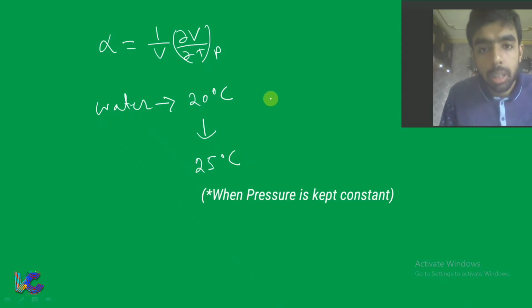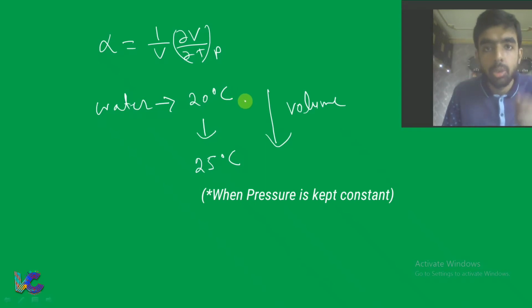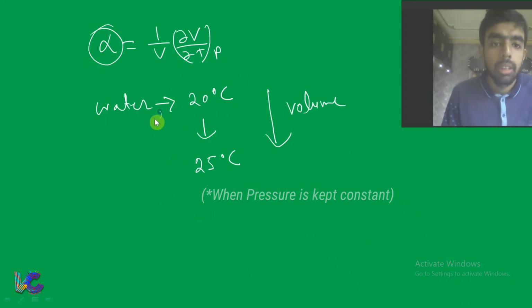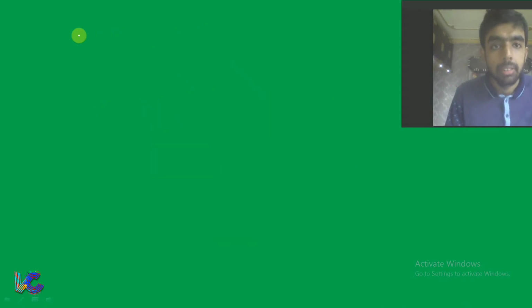What will be the relative change in volume when you change the temperature of water from 20 to 25 degrees centigrade? That can be known from alpha. So this is the meaning of alpha. Now let's talk about another thermodynamic coefficient, that is beta.